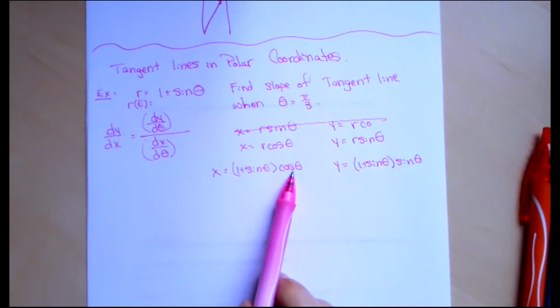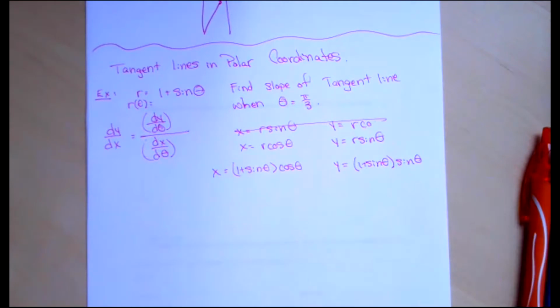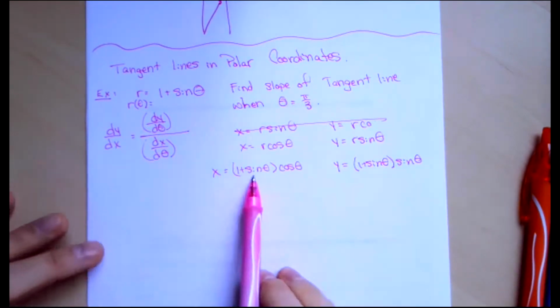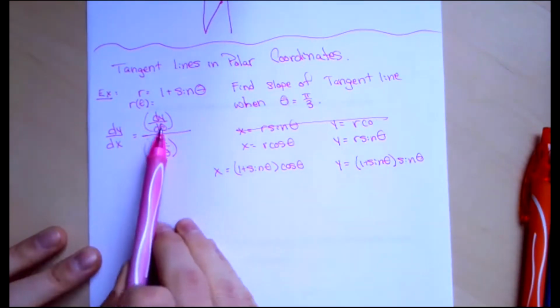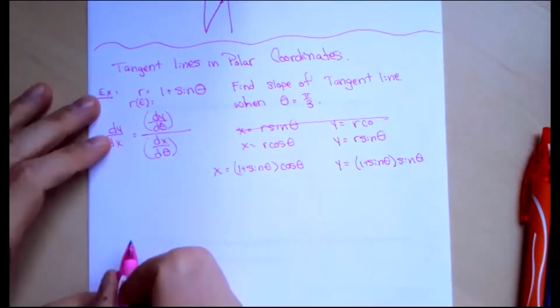You can essentially think of theta as a t if we wanted to change the variable. Nothing would really change, and we essentially have that same chain rule. So we just compute them.